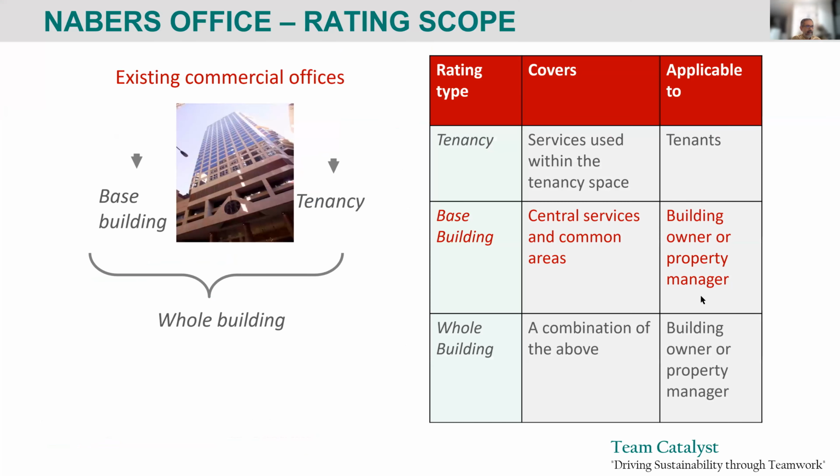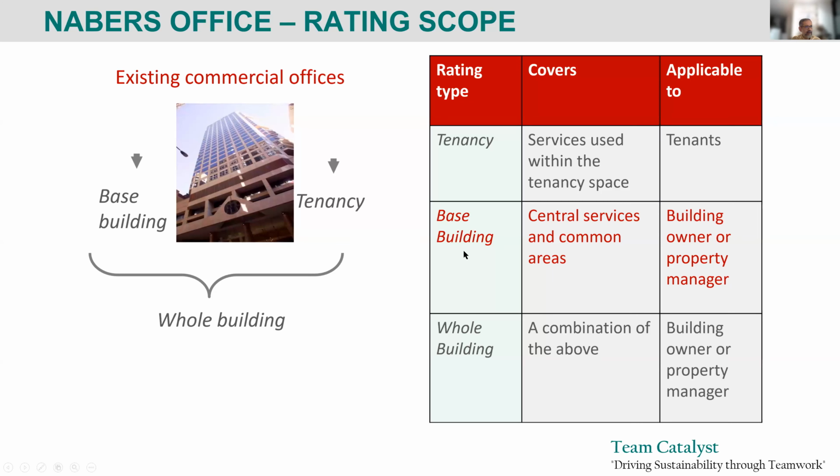And this is an interesting one. In the Australian market, and that's not the same as in other markets, we are able to split our buildings into what we call a tenant's part of the building and a building owner's part of the building. This is based on the way electricity bills are paid and monitored.